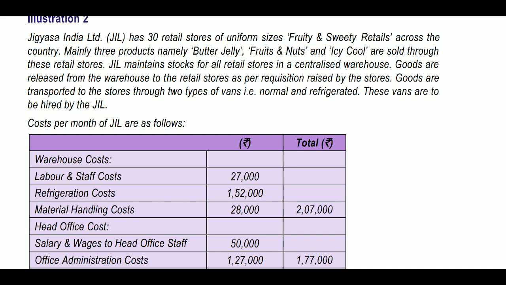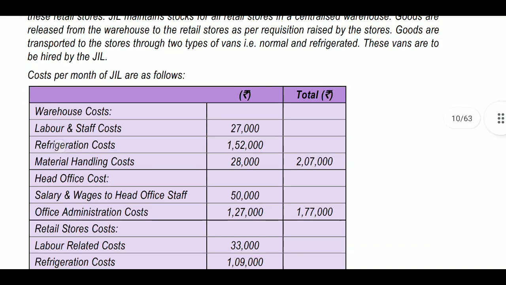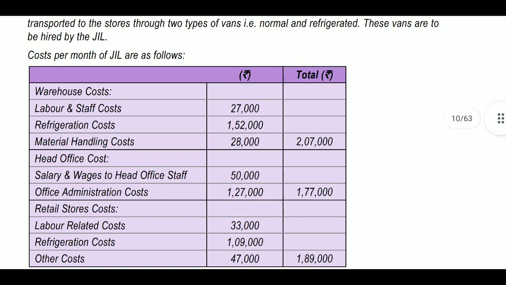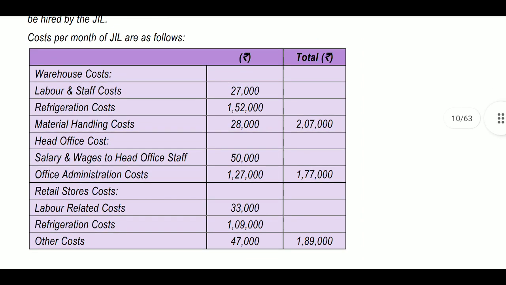Okay, next they have provided the cost per month for GIL. What is their warehouse cost? They provided the warehouse cost per month. Labor and staff cost was 27,000. Refrigeration cost will be 1,52,000.